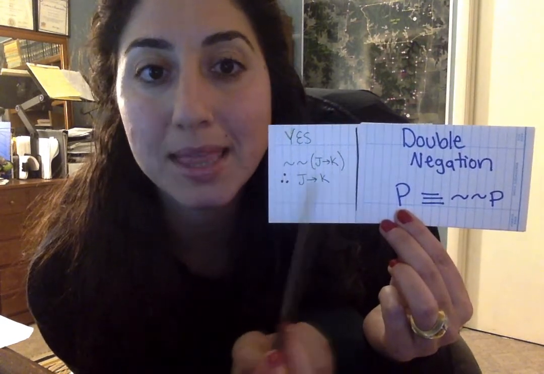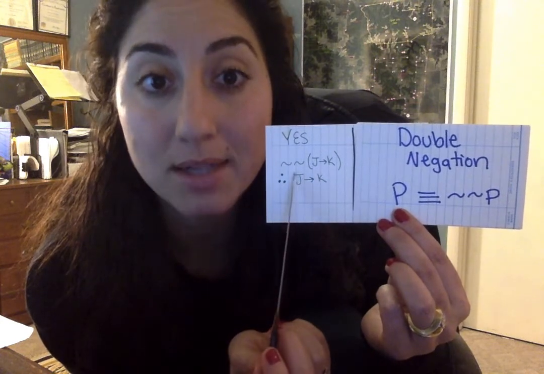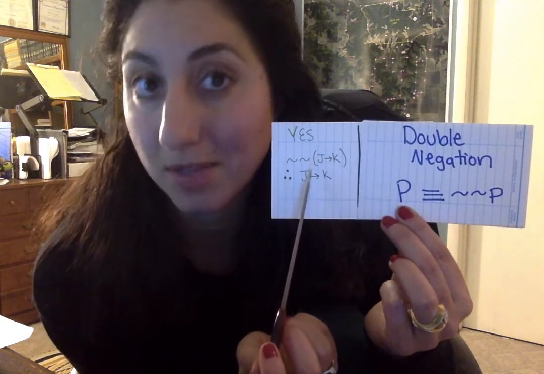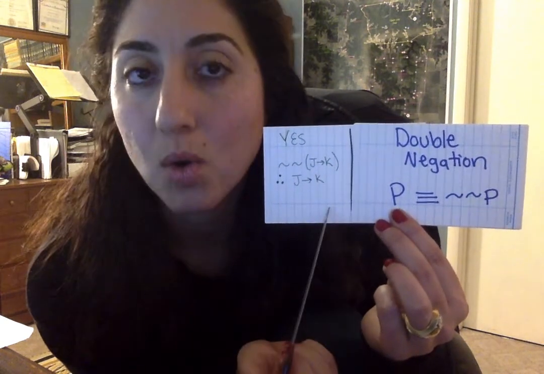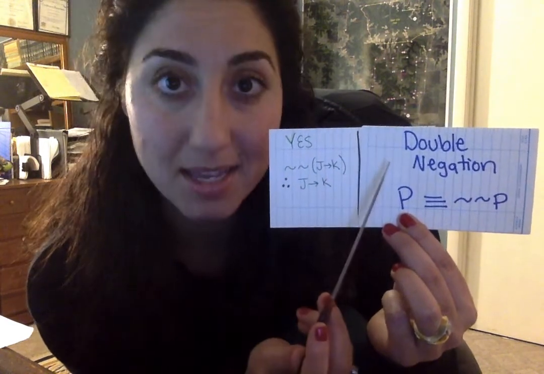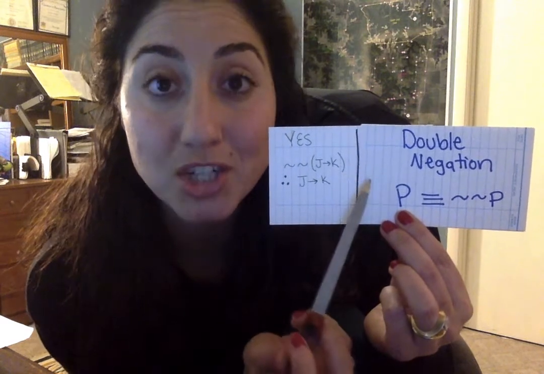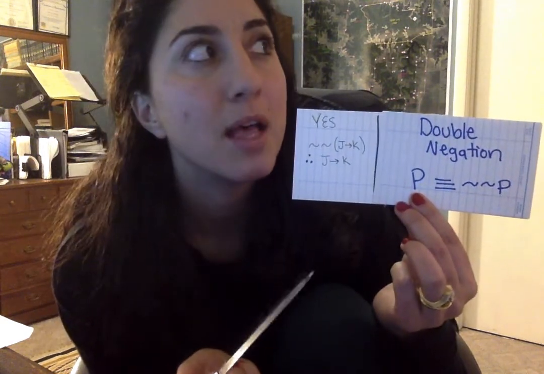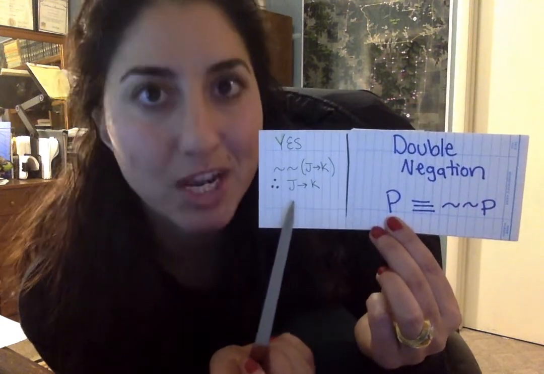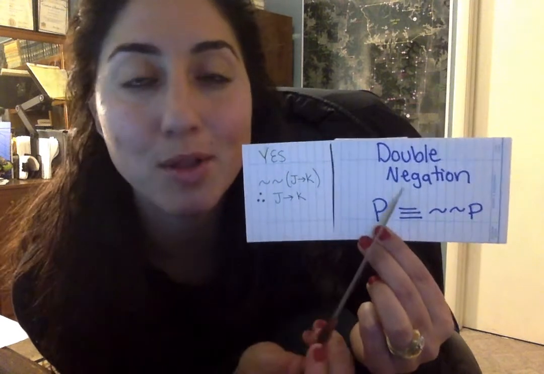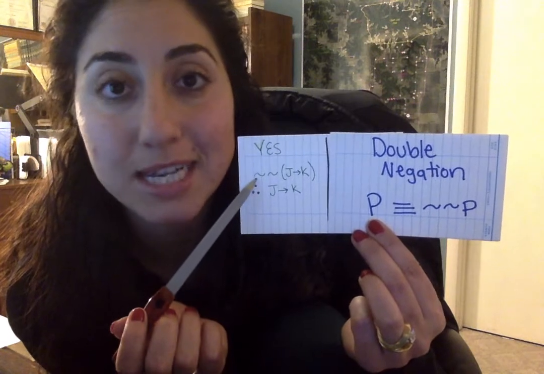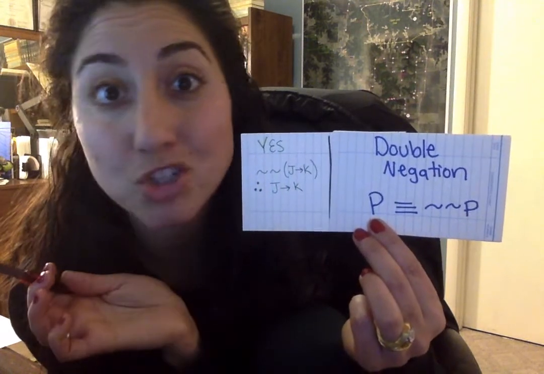So here we would read that as: it's not the case that, it's not the case that, if J, then K. From that, you can logically conclude, if that's true, then an obvious statement is that if J, then K. What did we do? We followed the law of double negation, and we took a pair of tildes that were directly after each other, and we just dropped them.